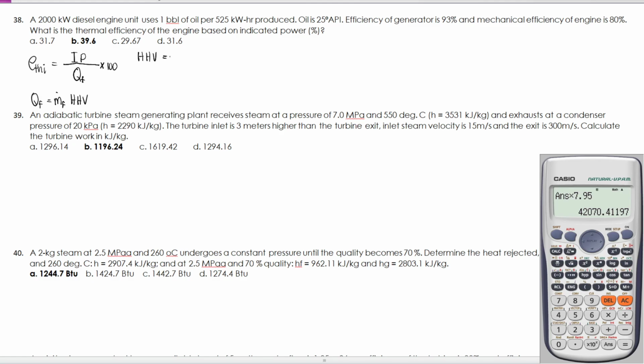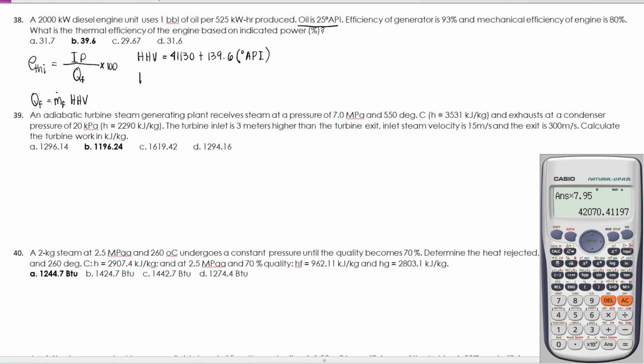So, para sa pagkuha ng higher heating value ng mga oil fuel or ng mga liquid fuel, gamit yung kanyang degree API kasi yun yung property na given sa kanya. We have that formula in SI unit as equal sa 41130 plus 139.6 degree API. Ayan. Okay? So, may formula tayo ng ganito ng pagkuha ng higher heating value.